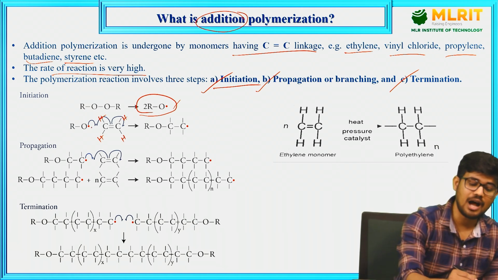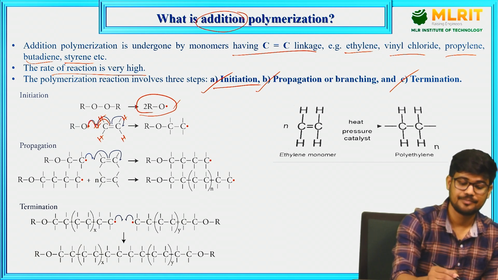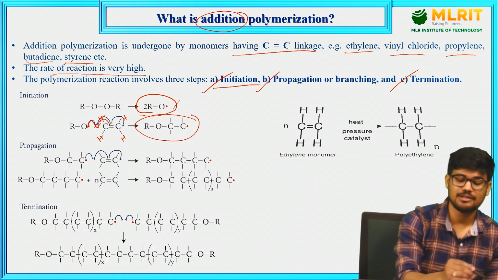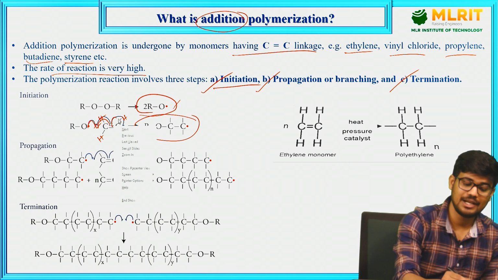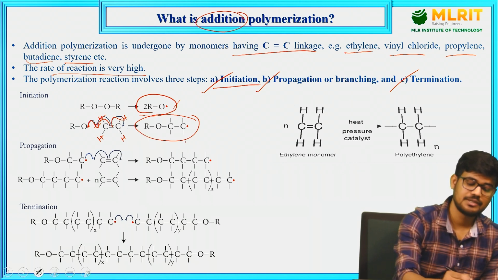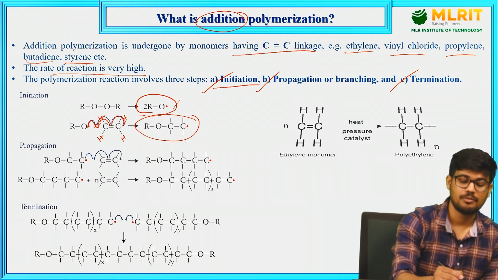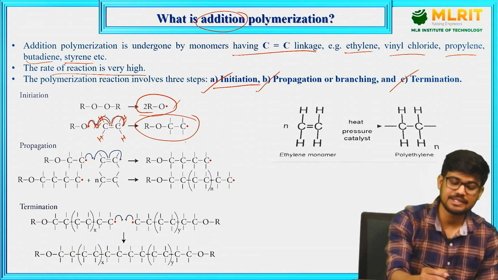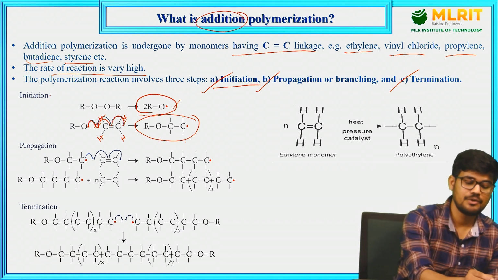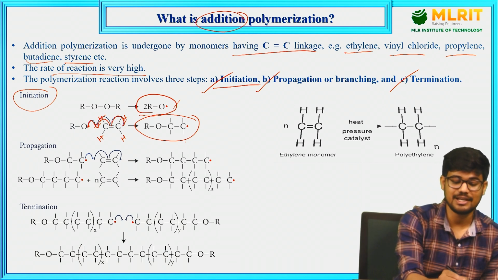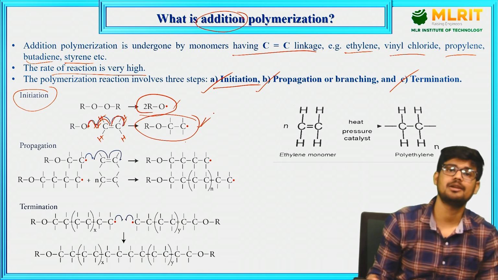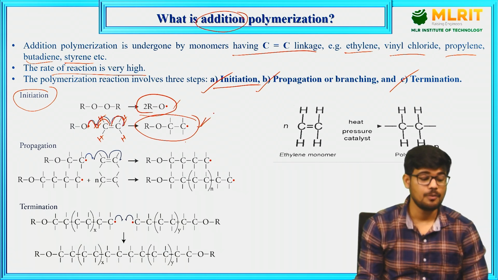Now this RO dot radical will form a bond with this carbon, and we will get this as the product, because the pi bond electron will move to this carbon. At the end of step 1, the initiation, you are getting one radical product.